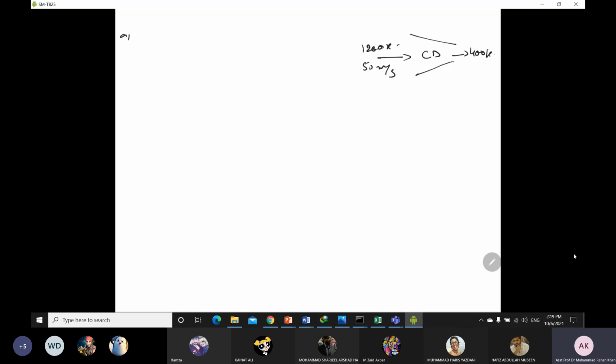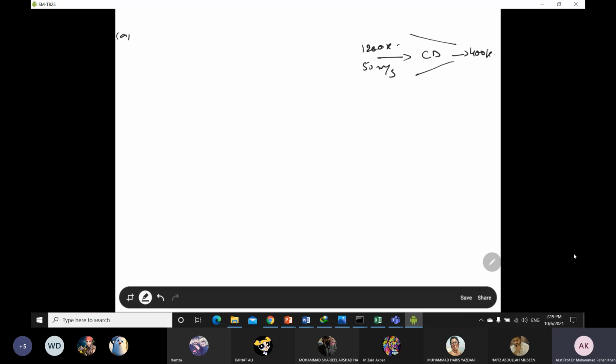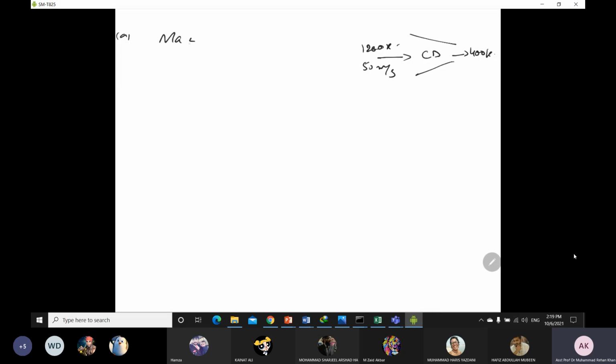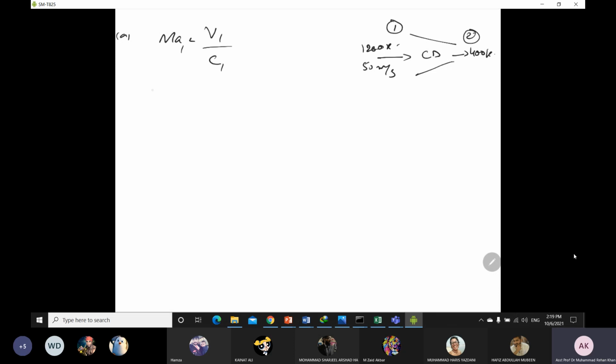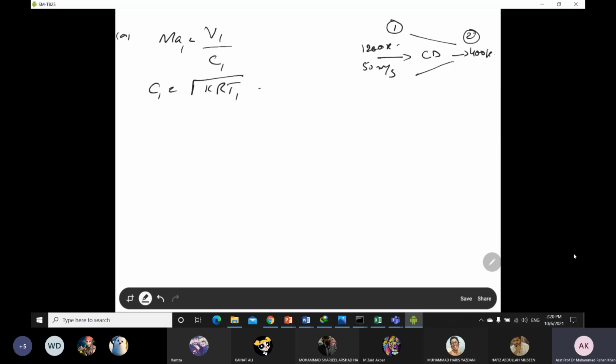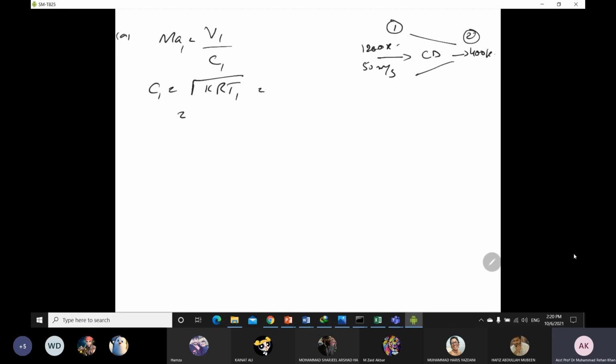In part A, we have to find the Mach number at inlet. We can say this is point number 1 and this is point number 2. So Mach number 1 is V1 over C1. V1 is mentioned in the question, which is 50 meter per second, and C1 we have to find. So first we find C1, the square root of kRT. The k value for carbon dioxide you can easily find from thermodynamic table A2. The k value is 1.288.